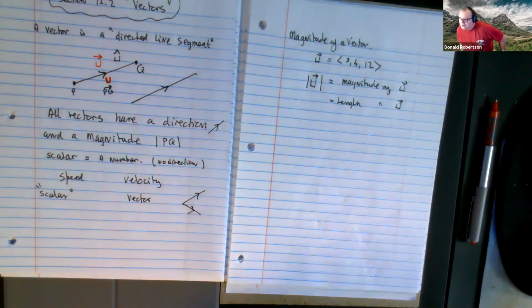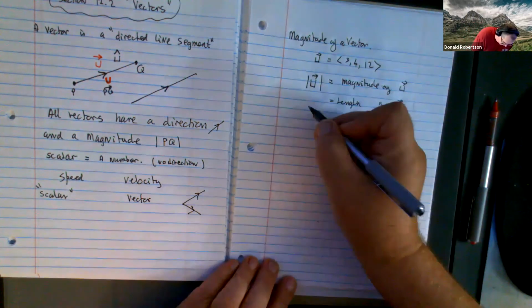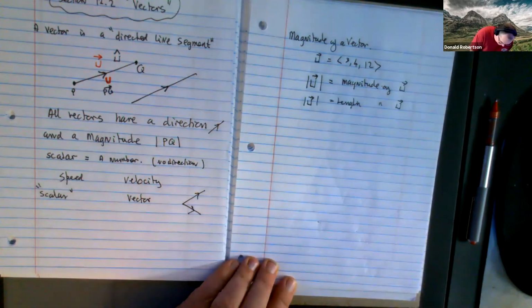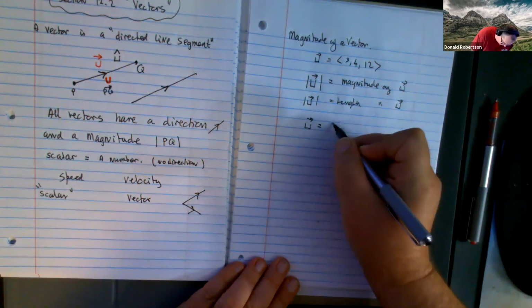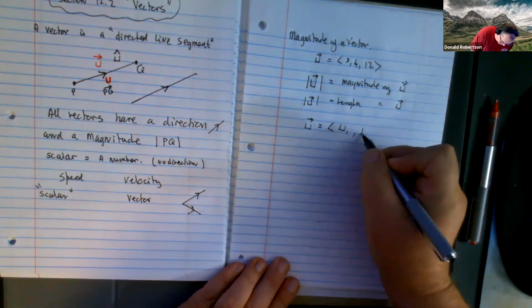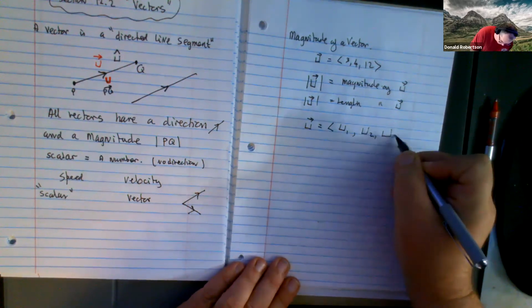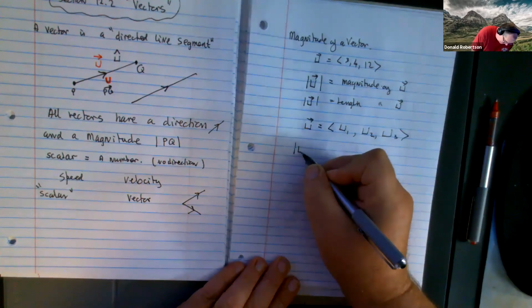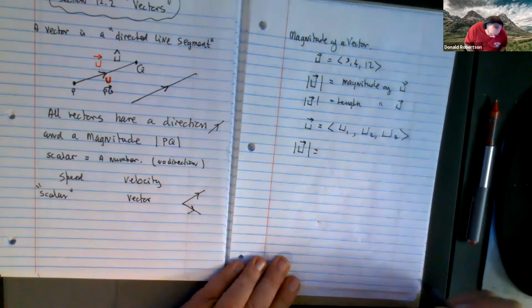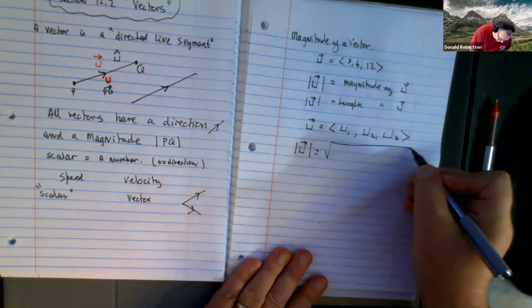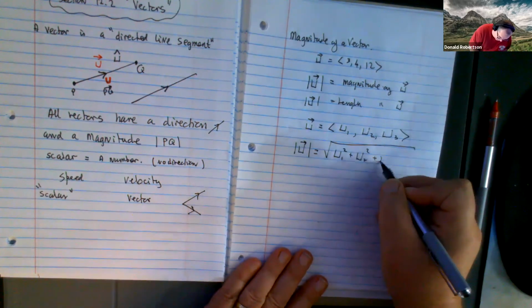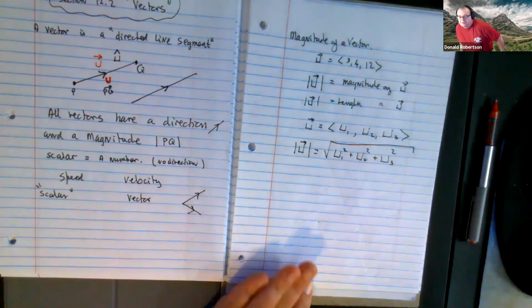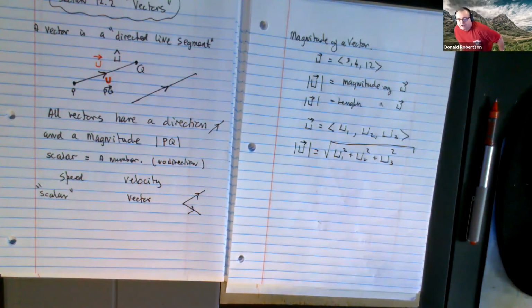It's how long the vector is. Let me do a general version. If you want to get the magnitude, length of a vector, that's how you do it. There's your formula. The magnitude of a vector is the square root of the sum of the squares of its components.